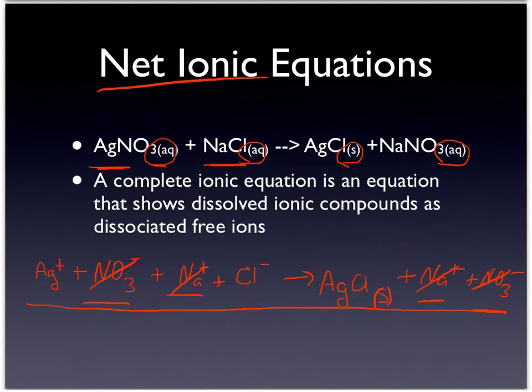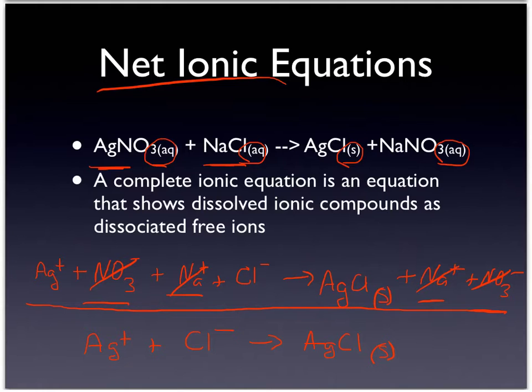What we really want to get to is what we call the net ionic equation. When I cancel out all those spectator ions, notice that I'm left with Ag plus plus Cl minus yields AgCl. This is the main thing that's really taking place here. This is our net ionic equation.